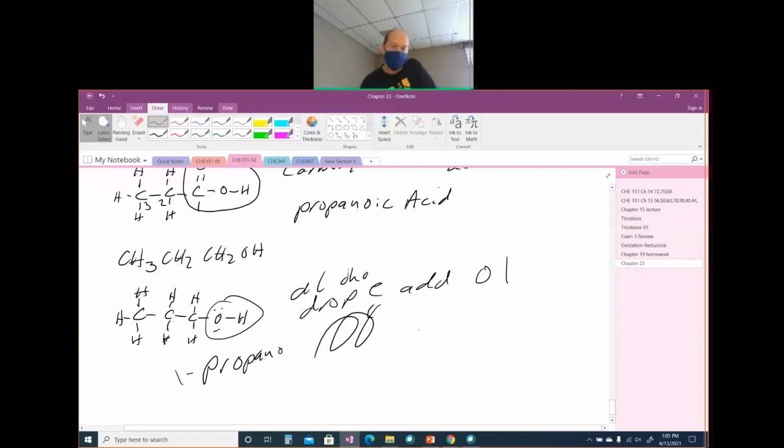So you have a 1-propanol. And anytime you have an alcohol, you should also label it as primary, secondary, or tertiary. Since that carbon connected to the OH has 1 carbon and 2 hydrogens, this is a primary alcohol.